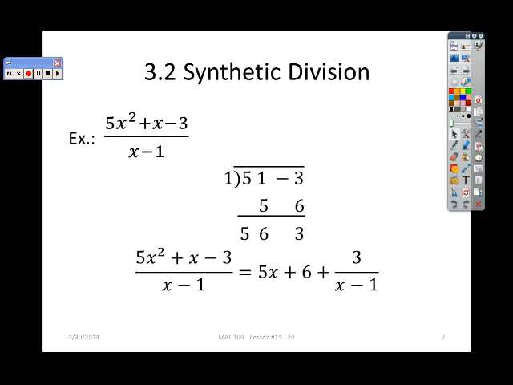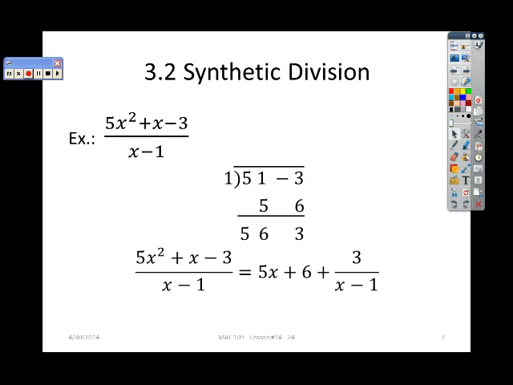What that tells me is that the result of this division is going to be the expression. I'm going to take this number and use it as a coefficient on x, and the exponent on x is going to be 1 less than that one. So this is an x squared, that's going to be an x. This next number is the coefficient on the next lower exponent.